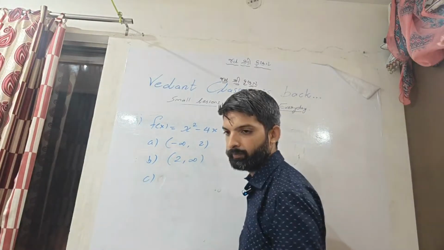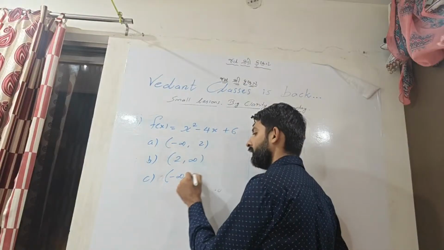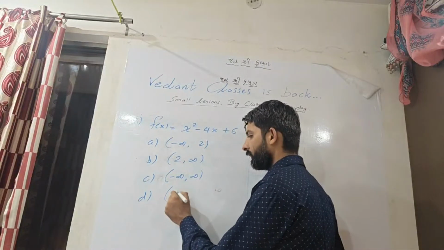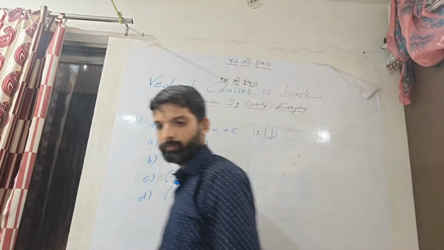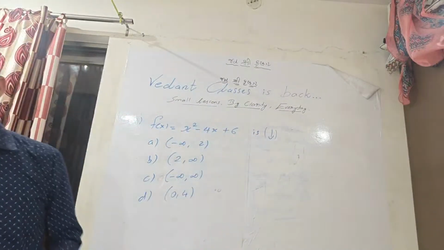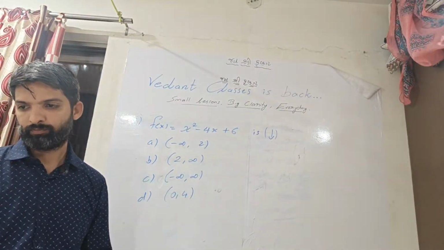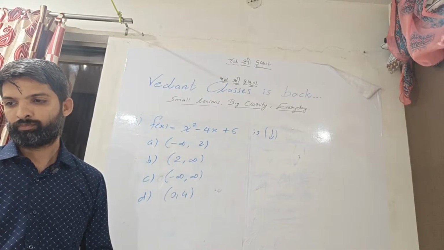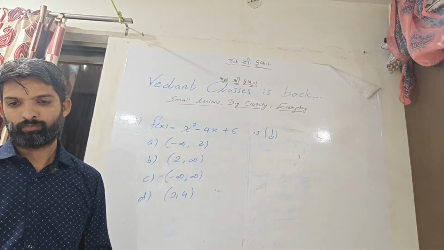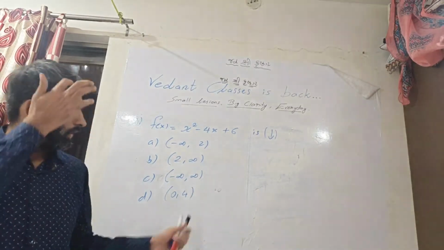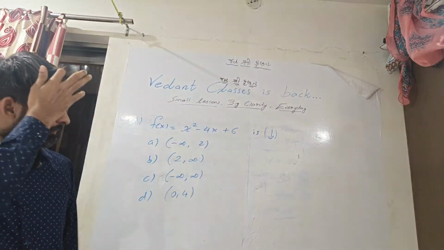Option C minus infinite to infinite. And option D 0 to 4. In which interval it will be decreasing?